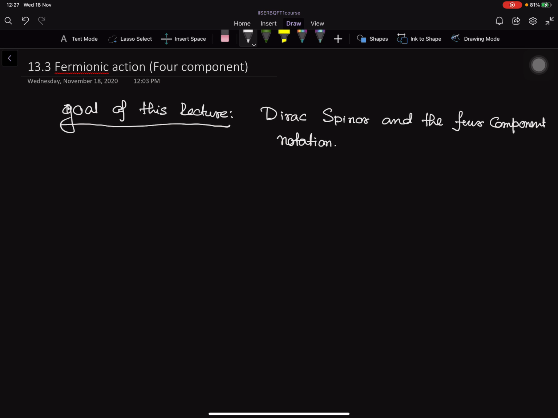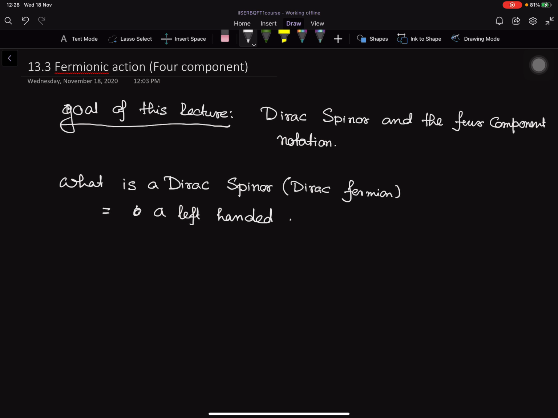So let's first ask what is a Dirac spinor. It's basically just a left-handed spinor and a right-handed spinor. A Dirac spinor is the same as a left-handed spinor plus a right-handed spinor.